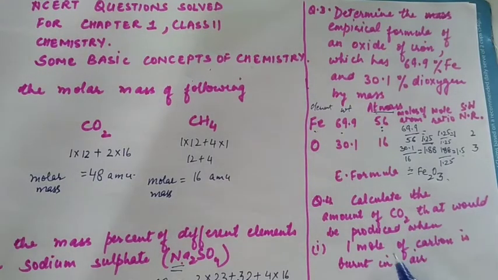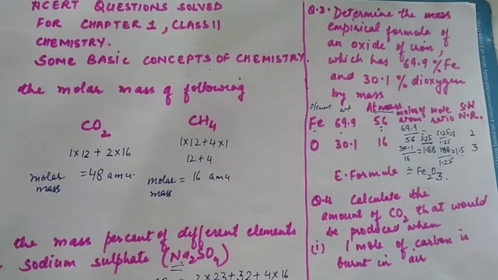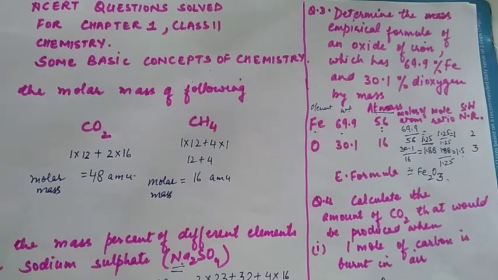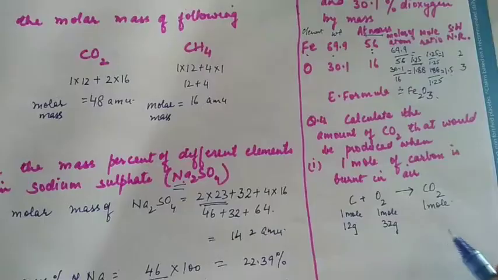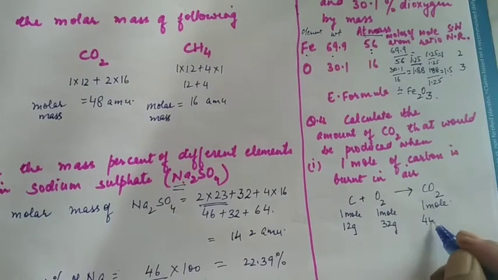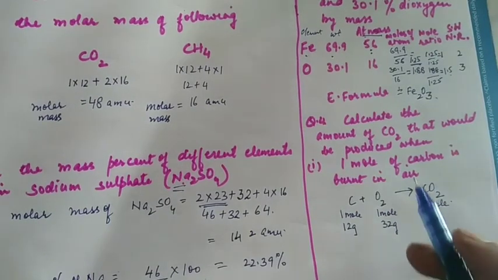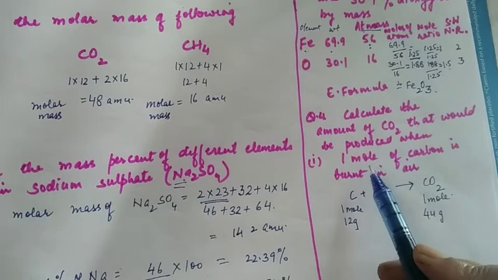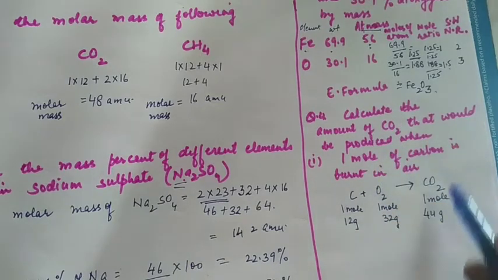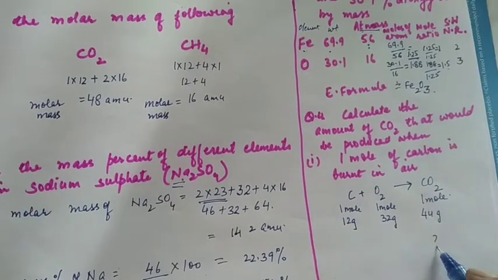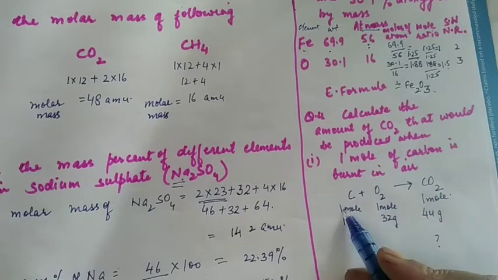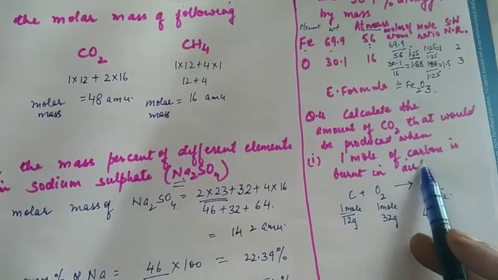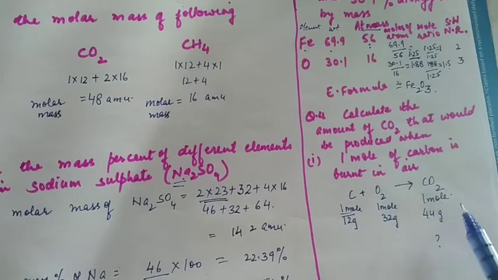To find out such numericals, we have to write the balanced chemical equation. So we have to burn carbon. So the equation will be carbon plus oxygen forms carbon dioxide. Now the question asked was, calculate the amount of carbon dioxide which is produced when 1 mole of carbon is burnt in air.